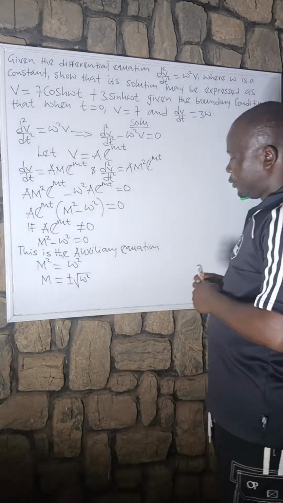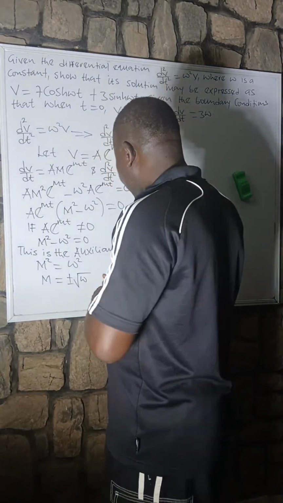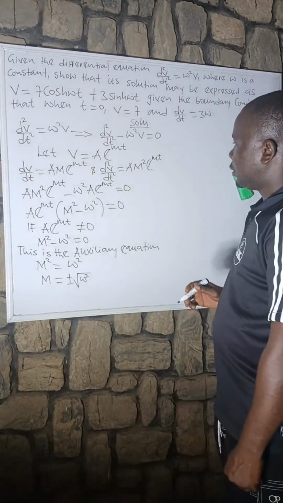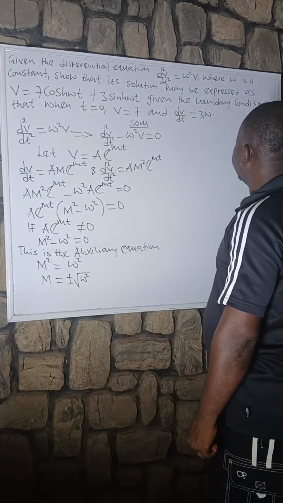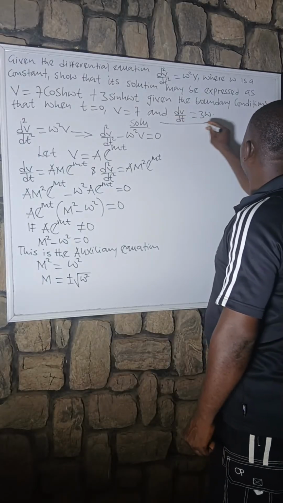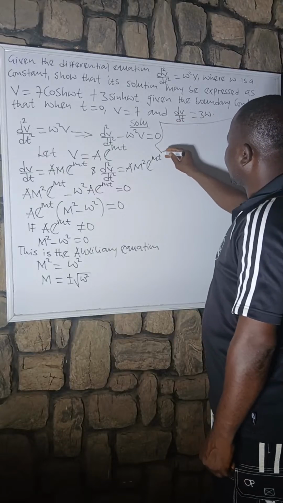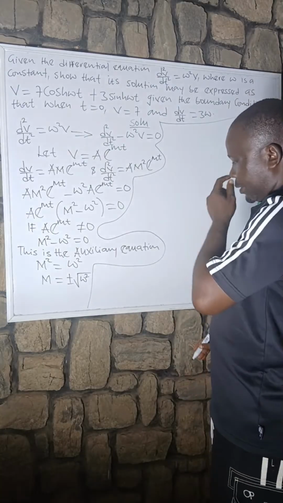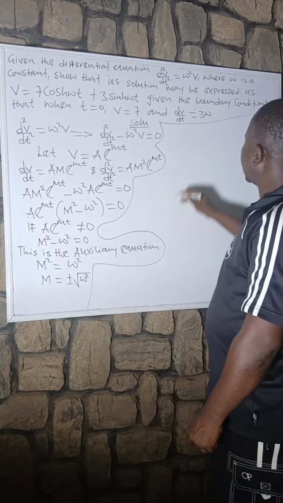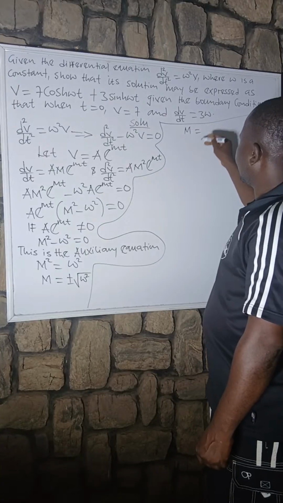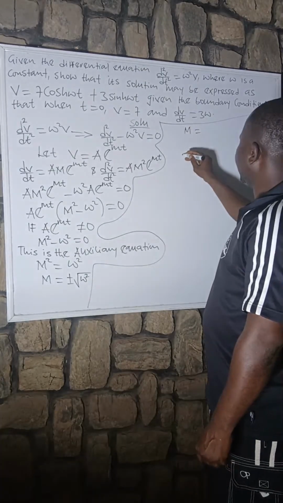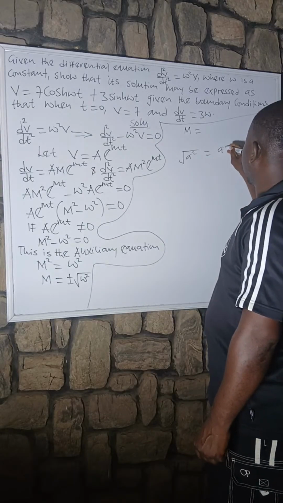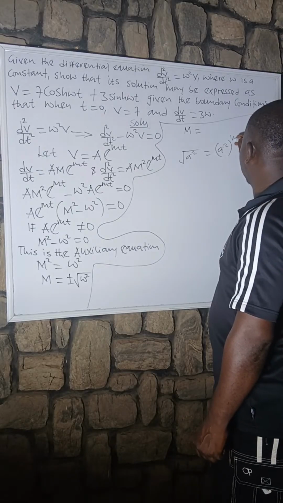Okay, if you agree with me, it means our m now will be equal to, when we have the square root of a squared, this is the same thing as a squared all in brackets raised to the power of 1 over 2.